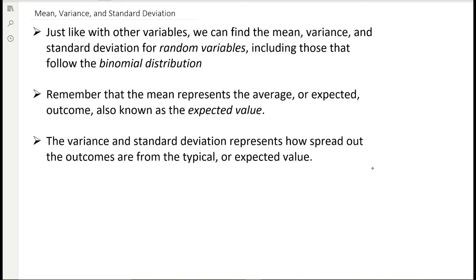Remember, just to refresh your memory, the mean represents the average or expected outcome and is also known as the expected value. So the mean is a typical value to be expected. The variance and standard deviation represent how spread out the outcomes are from the typical or expected value.